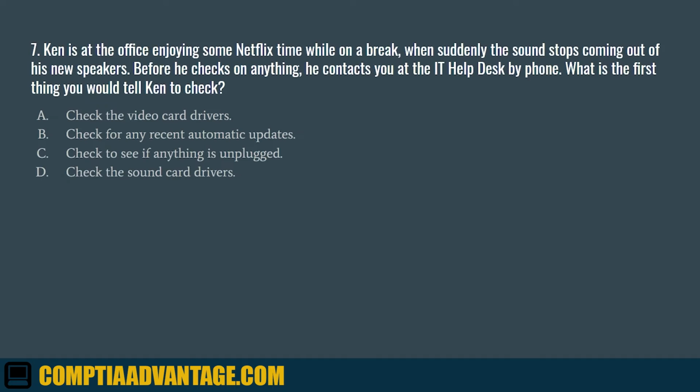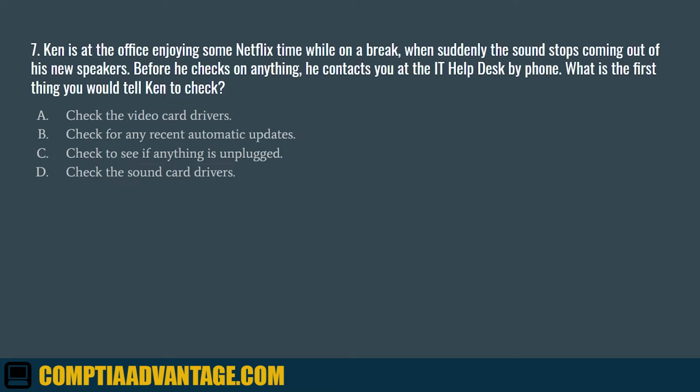Question 7. Ken is at the office enjoying some Netflix time while on break, when suddenly the sound stops coming out of his new speakers. Before he checks on anything, he contacts you at the IT help desk by phone. What is the first thing you would tell Ken to check? A. Check the video card drivers, B. Check for any recent automatic updates, C. Check to see if anything is unplugged, D. Check the sound card drivers.